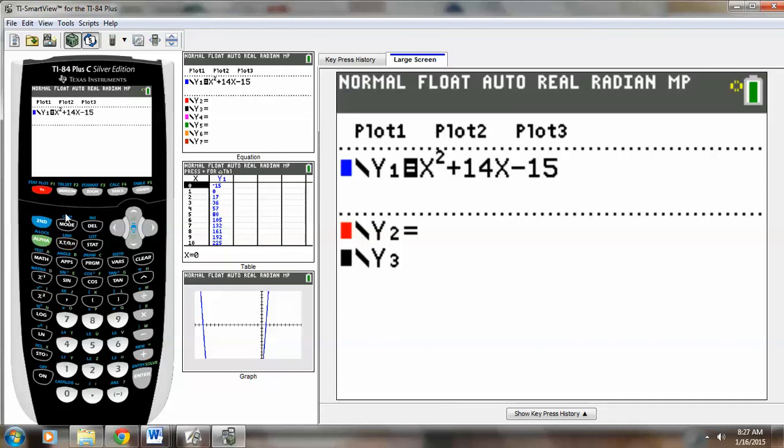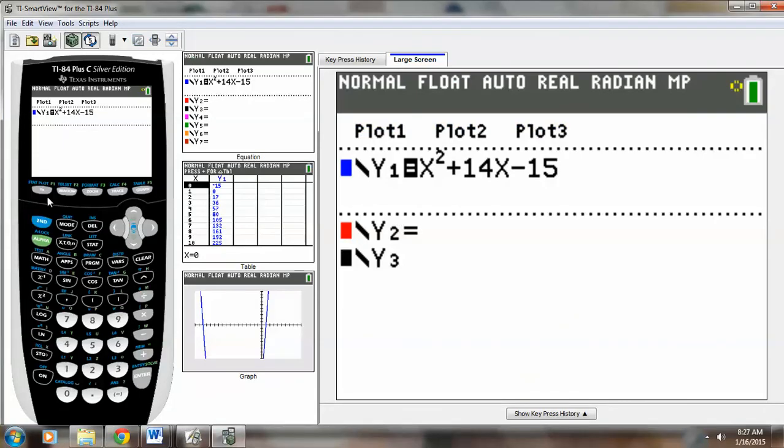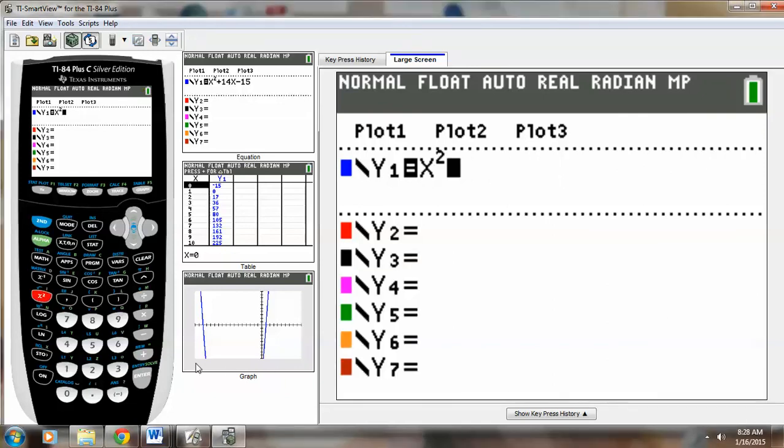Whoops, I need to go to y equals, x squared, this is locked up, minus 12.